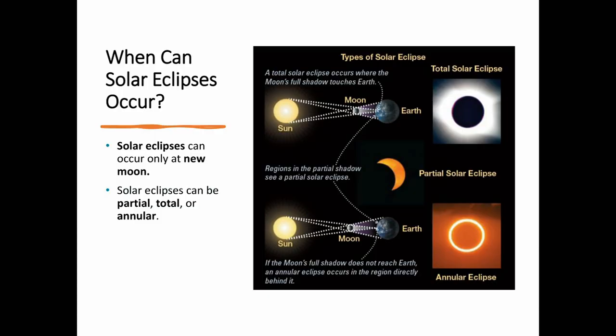Maybe this will be another time where you can talk to the people next to you and try to come up with an idea for why we don't get a total solar eclipse at every new moon. And let's say total or annular, because we don't get these eclipses very often.